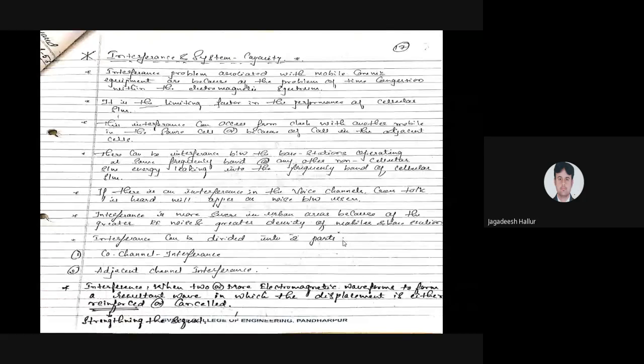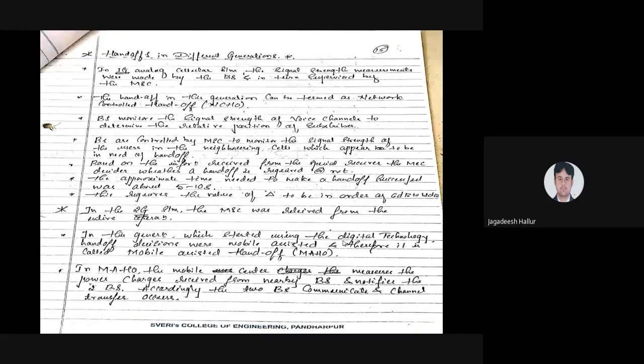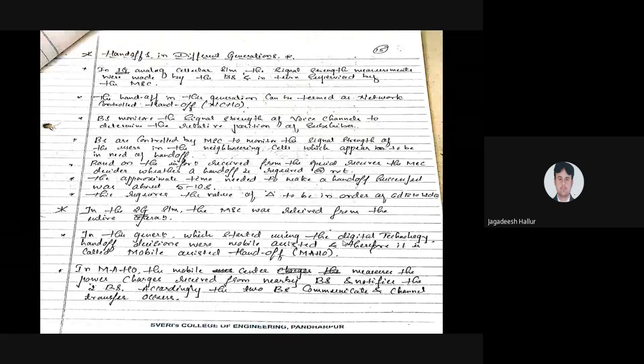This is the different types of handoff. Write down: first generation, network controlled handoff; second generation, mobile assisted handoff; third generation, mobile controlled handoff. The time required to complete the handoff for first generation is 5 to 10 seconds, and the power margin is 6 dB to 12 dB.